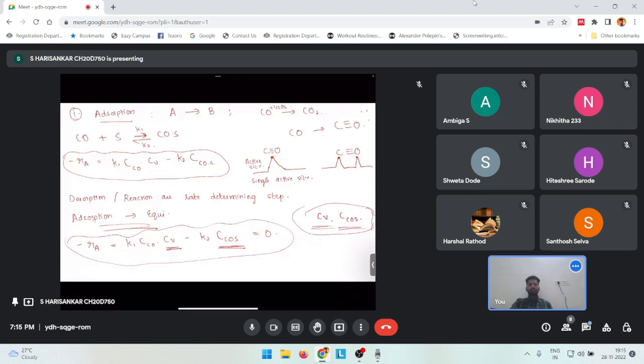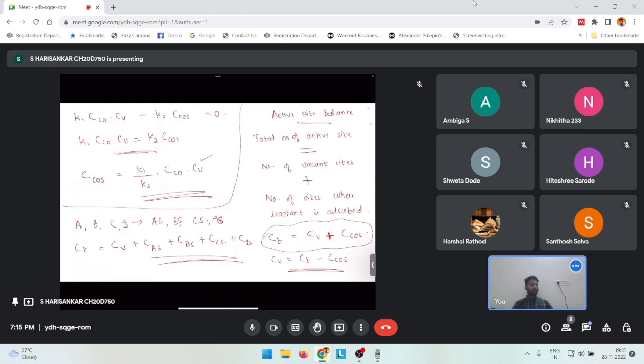CO plus S is the forward reaction, and COS giving CO plus S is the backward reaction. We are trying to eliminate the terms Cv and CCOS from your rate equation.